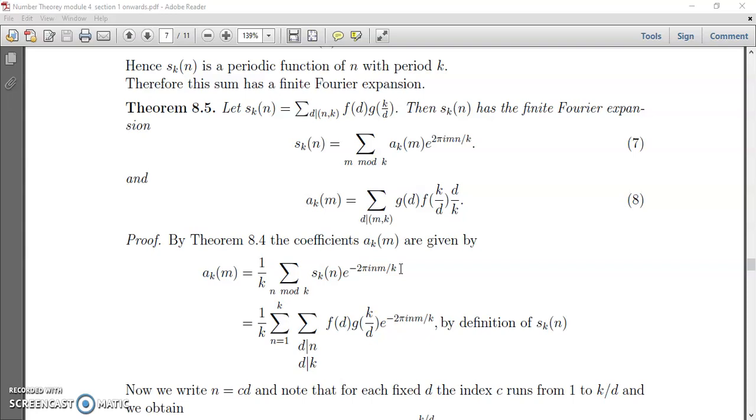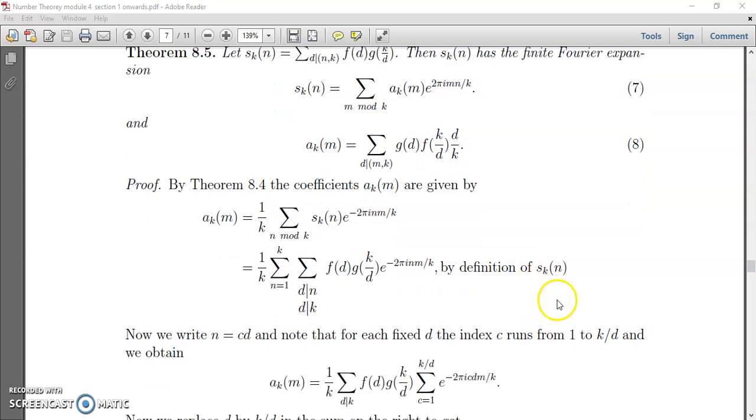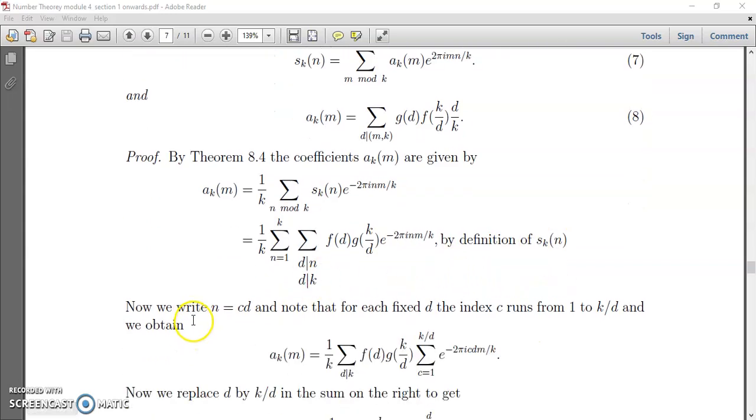So here we can first apply the definition of s_k(n). If we substitute the definition of s_k(n), that is 1 by k sigma n equal to 1 to k sigma d divides n, d divides k, this is nothing but d divides gcd of n and k, and f(d) g(k/d) e raised to minus 2 pi i n m by k by definition of s_k(n). Now we write n equal to cd. In this case, for each d, the index c runs from 1 to k by d.